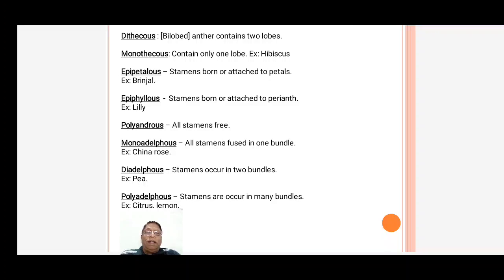Diadelphous. As the name indicates, di means two. Adelphous means bundles. If the stamens occur in two bundles, then we call them diadelphous stamens. Example, in pea plant, 9 stamens are in one bundle and only one stamen in the other bundle.